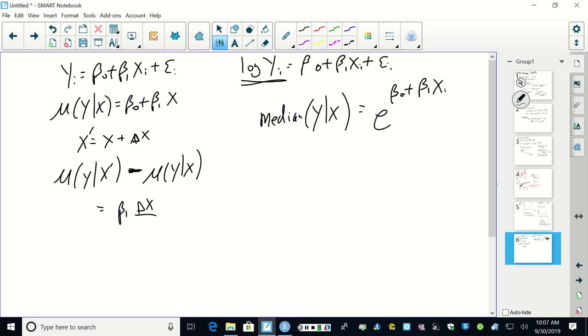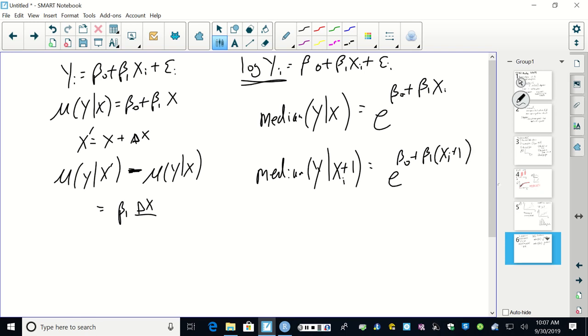Well, what happens if we look at the median of y at, say, x plus 1? The median value of y for a given x plus 1 would be e to the beta 0 plus beta 1 times (x_i plus 1).